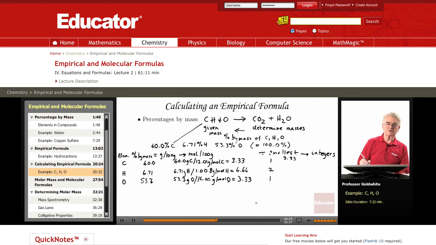Therefore, the empirical formula of this compound is C1H2O1, but conventionally we drop the 1 if we only have a single atom present.